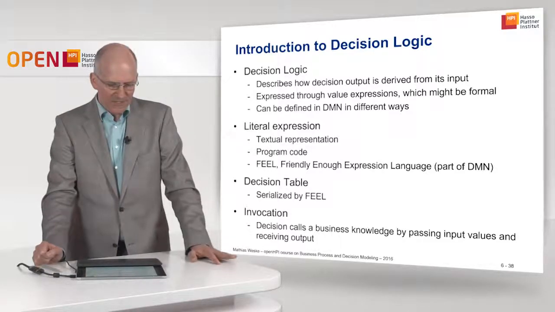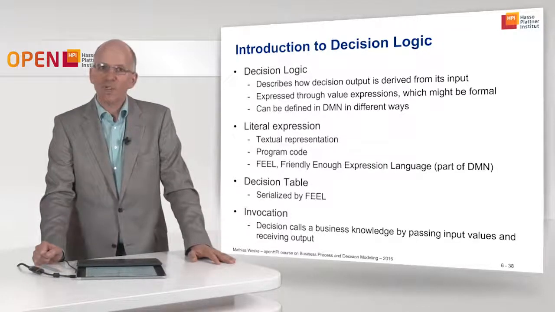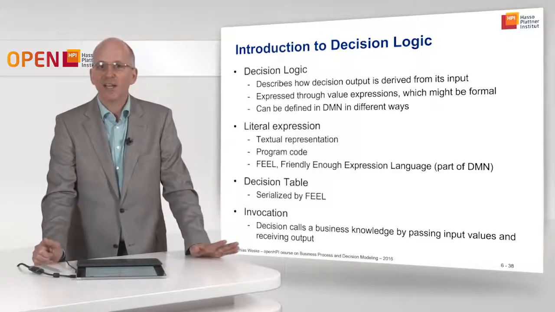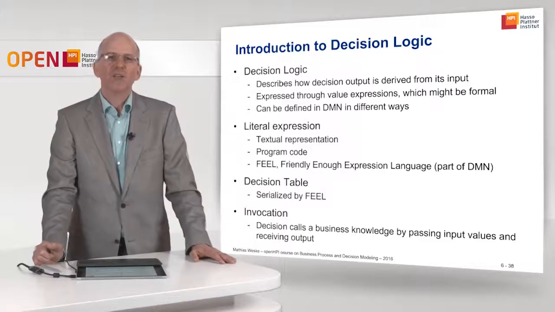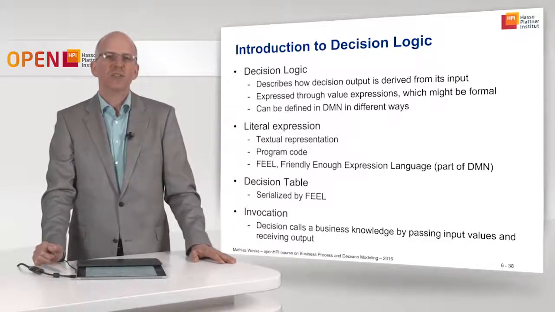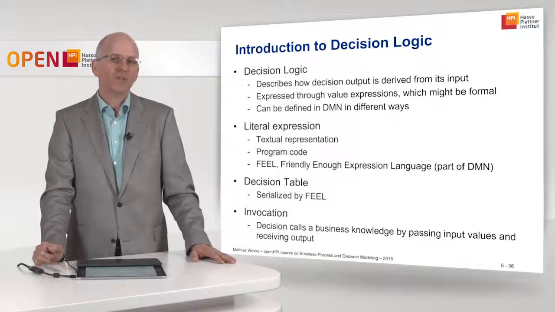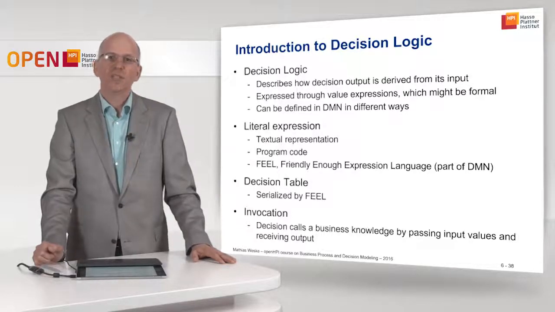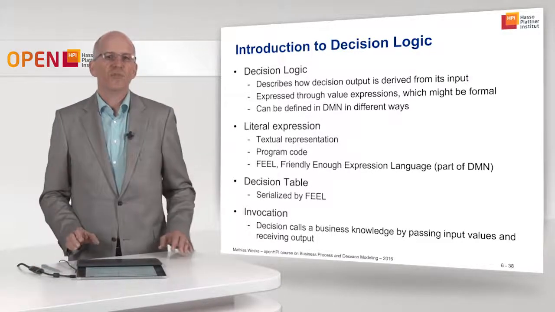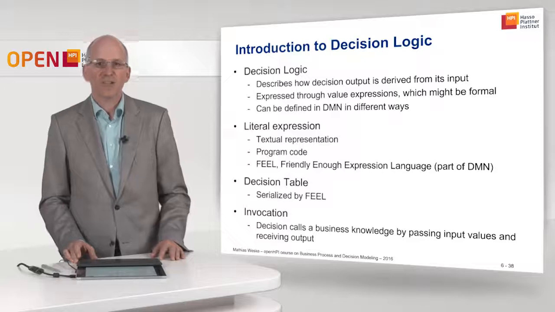First way of a literal expression is a textual representation. We can specify the decision logic by normal, plain English text. But we can also have more formal ways of specifying the decision logic, which means through program code in your favorite programming language. But also DMN comes with an expression language called FEEL, which stands for Friendly Enough Expression Language.